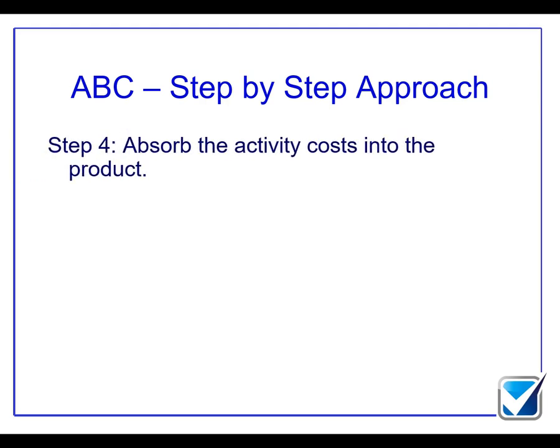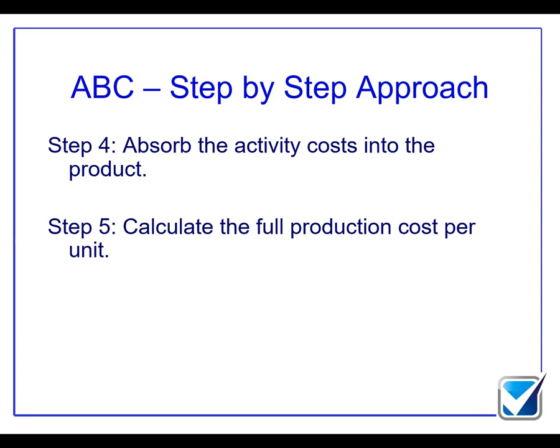Step number 4, you absorb the activity costs into the product. And step 5, you can now calculate the full production cost per unit. As the business will be undertaking a number of different activities, this is normally a more lengthy process than what traditional costing would be. Therefore, to implement, it tends to be a lot more costly.